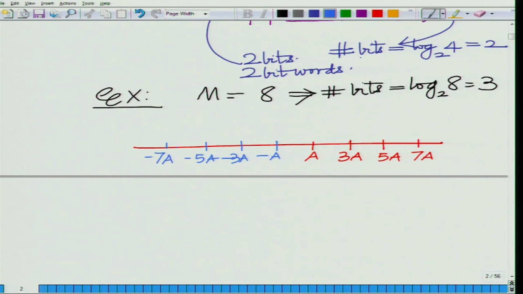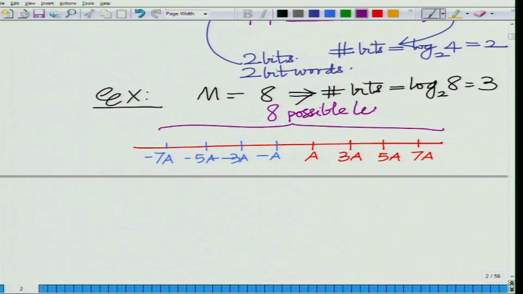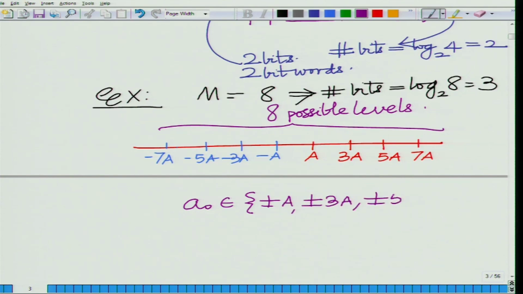So what we have is 8 possible levels. Now, A naught can belong to one of these 8 possible levels, that is plus or minus A, plus or minus 3A, plus or minus 5A, and plus or minus 7A.